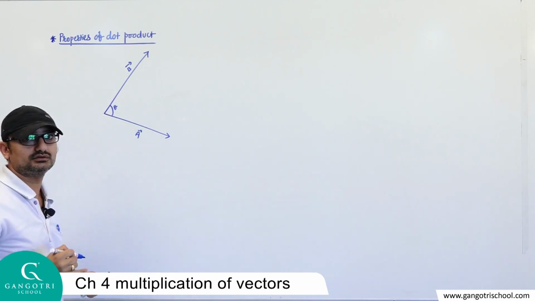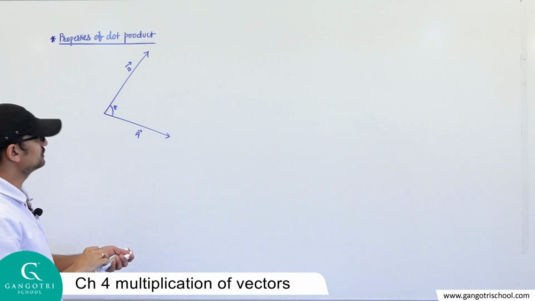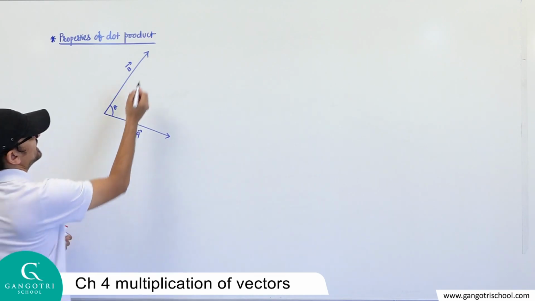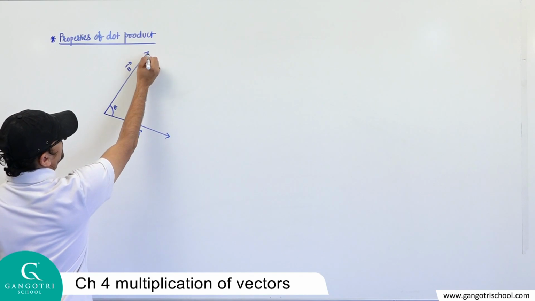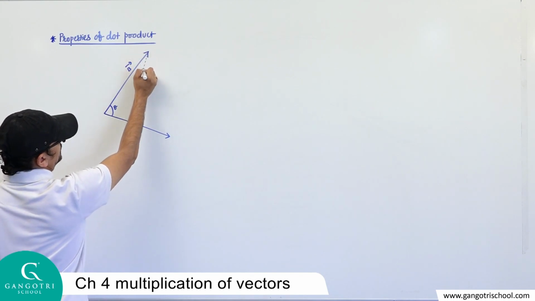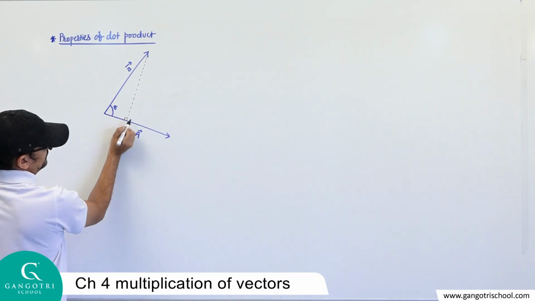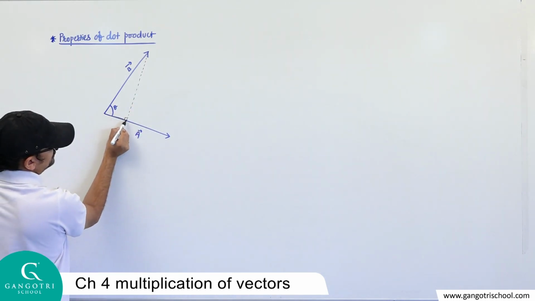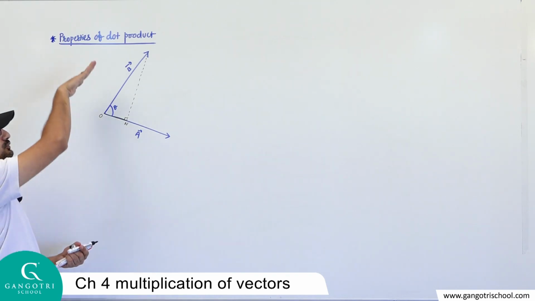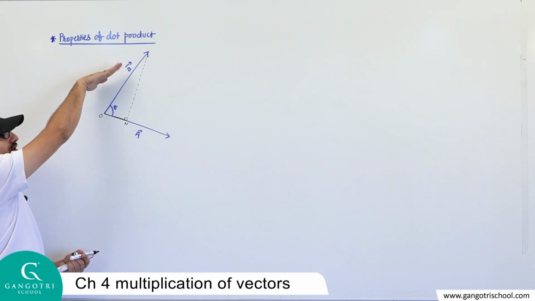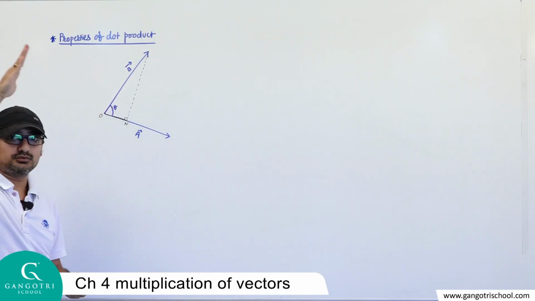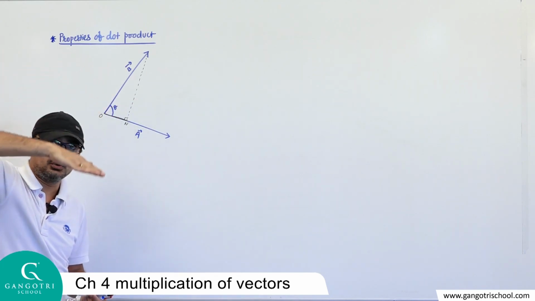Now from the head of vector B, if I draw one perpendicular line on vector A, that portion, let's call it ON, is known as the projection of vector B on vector A.